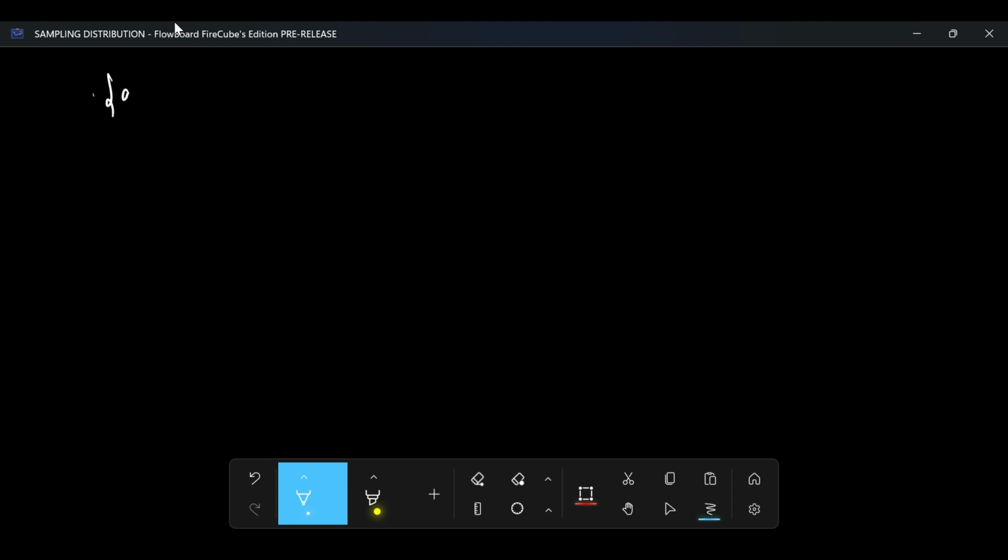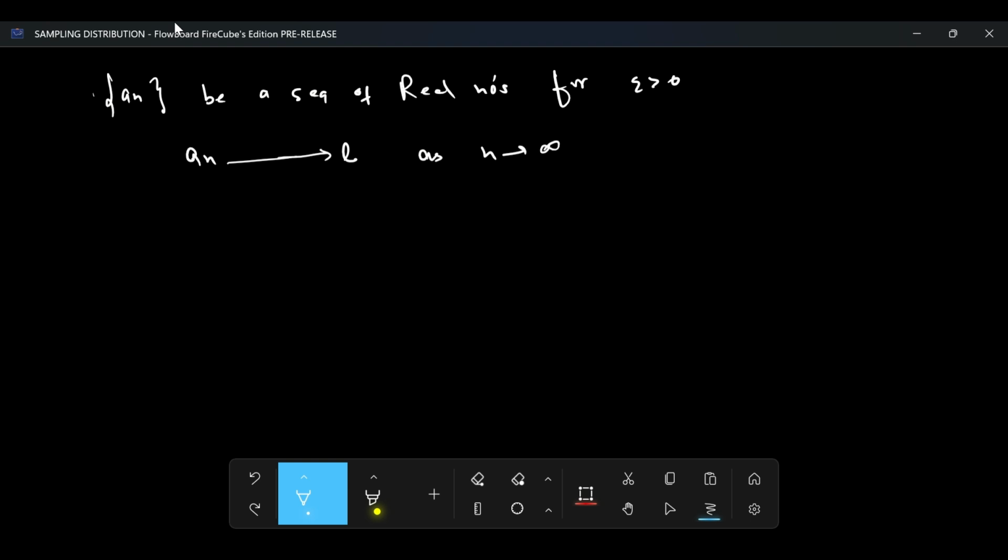we say that if a_n is a sequence of real numbers, then for epsilon greater than 0, we say a_n will converge to some L, which is a finite limit point, as n tends to infinity, if for all n belonging to capital N, the modulus of a_n minus L is less than epsilon for any epsilon greater than 0.